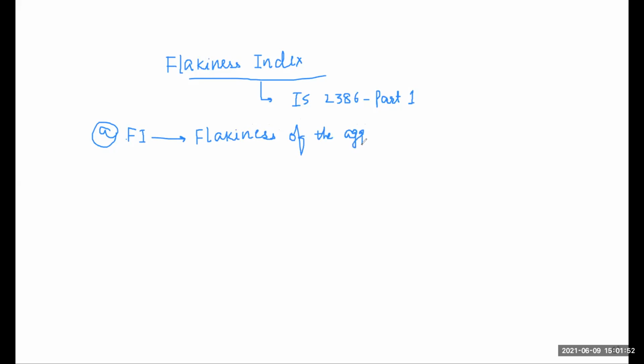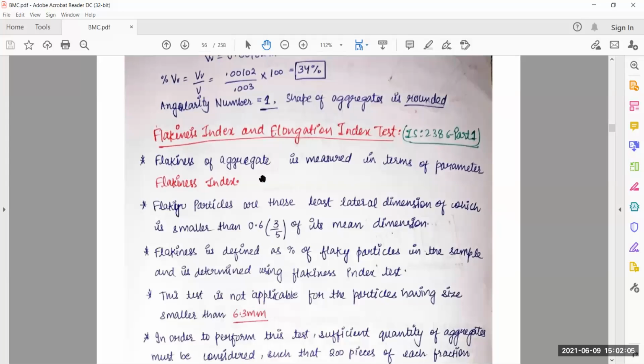Just see in the PDF also. Here you all see flakiness index and elongation index test. So I completely focus on flakiness index. Basically this flakiness index is given by IRC and the code is IS 2386 part 1. I already wrote this on your whitepad.